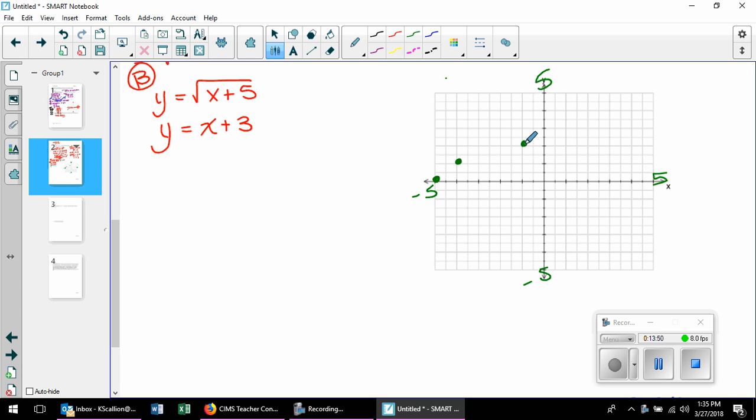And then I was at 9 and 3, so I'm going to be at 4 and 3. What do I need to do with this graph? I need to label the function. What else would I need with this graph? 2 points labeled? Yes, that is great.